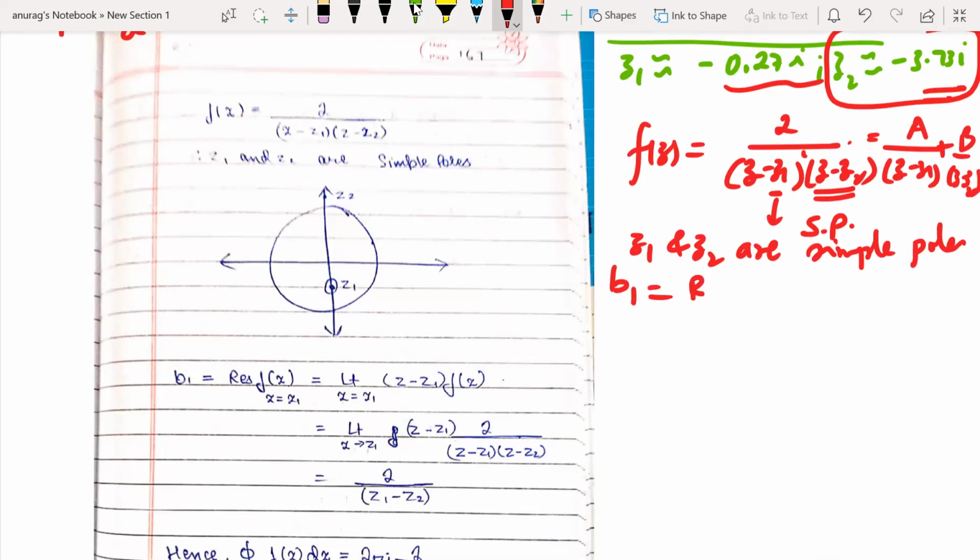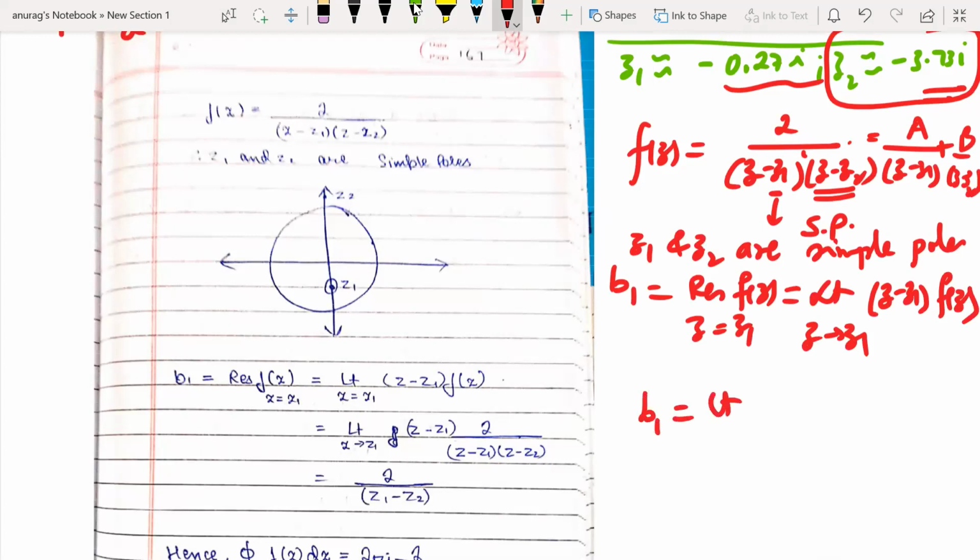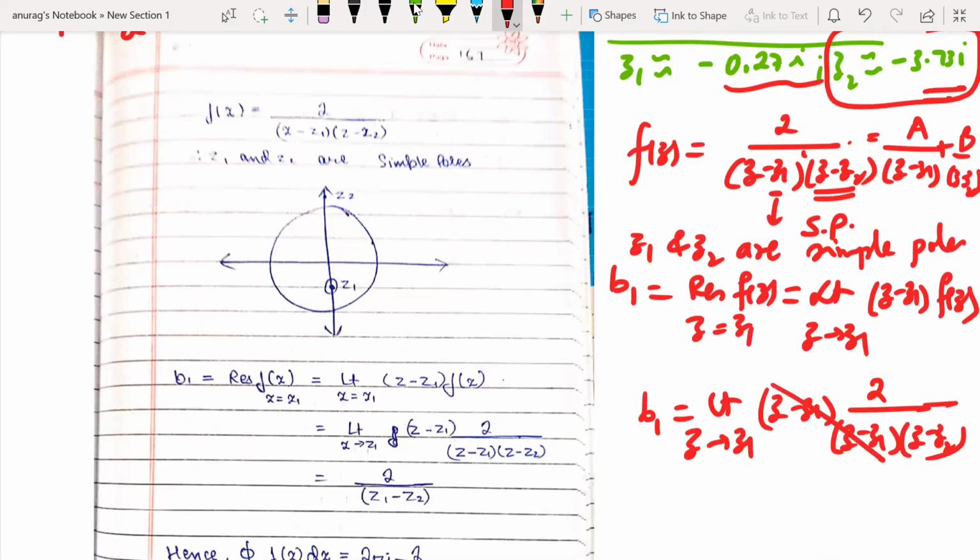So B1 we will find, the residue of f(z) at z equal to Z1. The formula is limit z tending to Z1, (z minus Z1) into f(z). So B1 is equal to limit z tending to Z1, (z minus Z1) times 2 upon (z minus Z1)(z minus Z2). This is cancelled out. Apply the limit: 2 upon Z1 minus Z2.